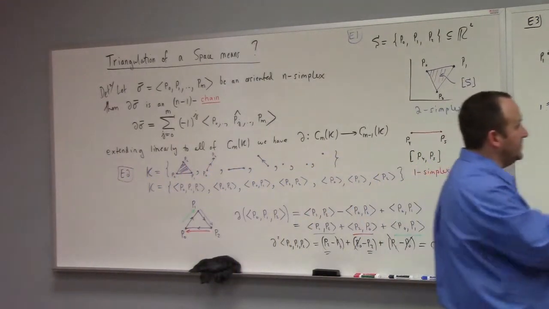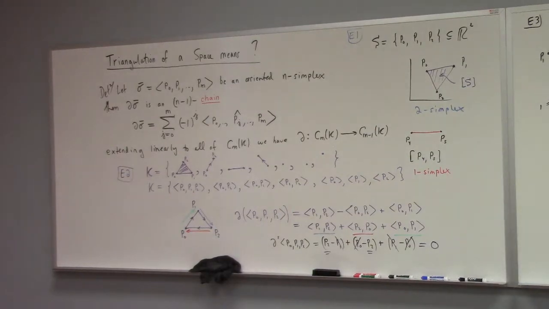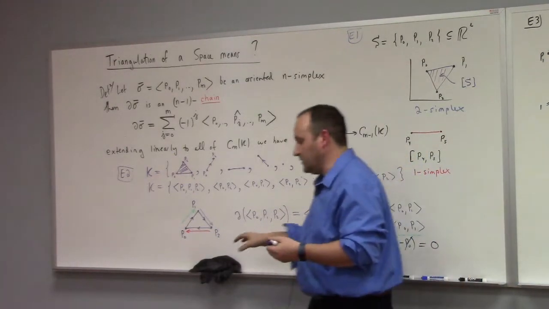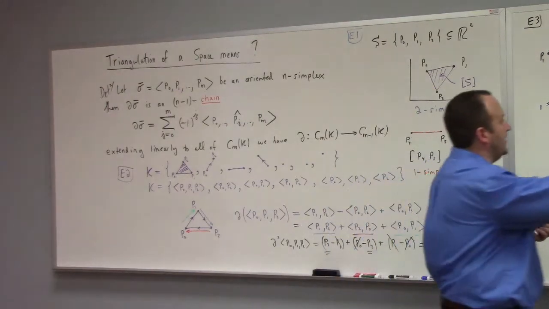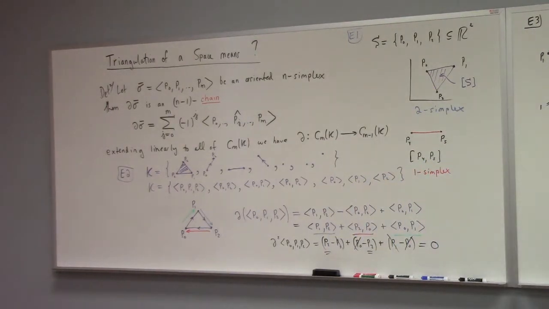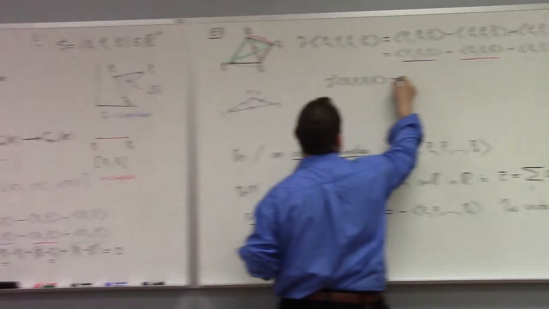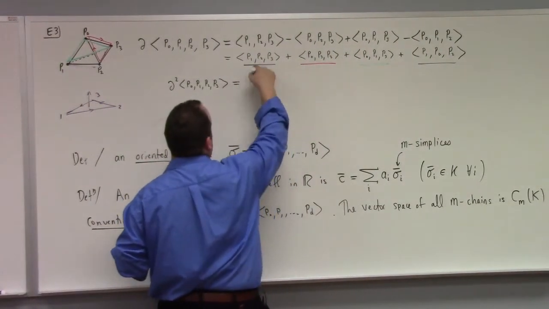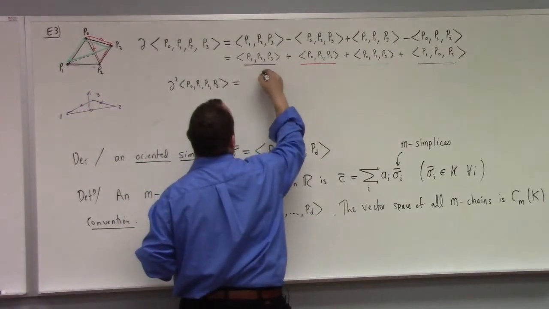And my example up here, let me make myself a little room for it. Calculate the boundary of this boundary. What happens? The boundary of that would be what?